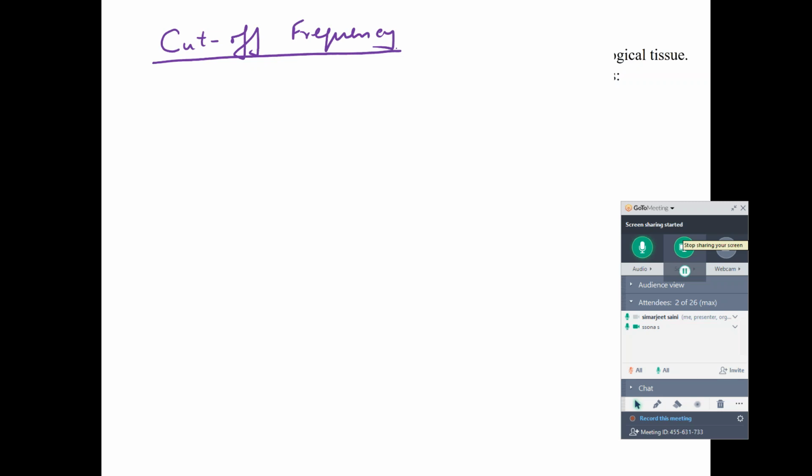If I consider the solution for the TE mode, remember my gamma square is minus omega square mu epsilon plus (m pi by a) square.